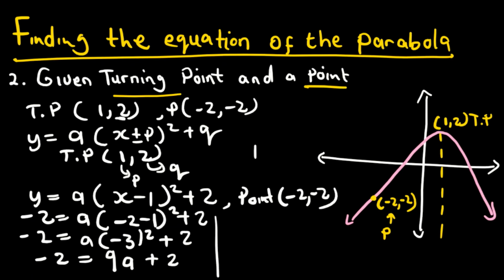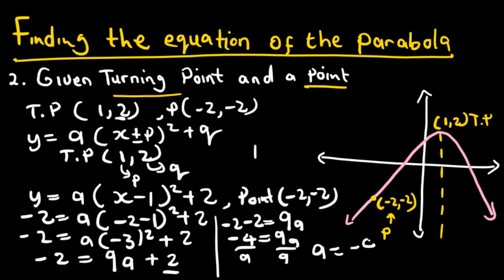And then you're going to transpose this 2 to the other side of the equation. You're going to have minus 2 minus 2 is equal to 9a, so it's minus 4 is equal to 9a. Divide by the 9, divide by the 9. So your a value is equal to minus 4 over 9, right?